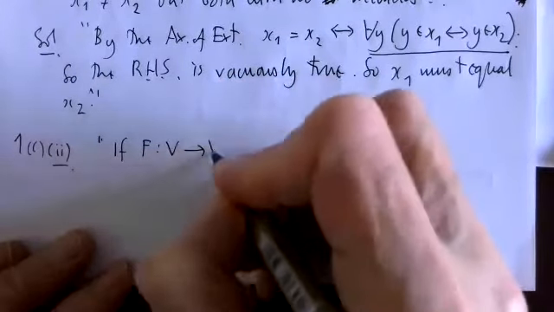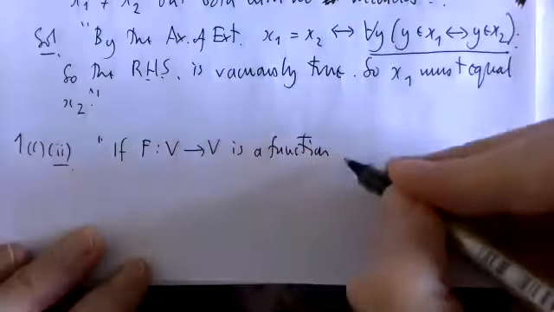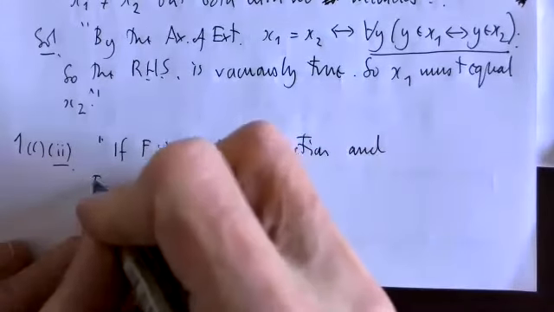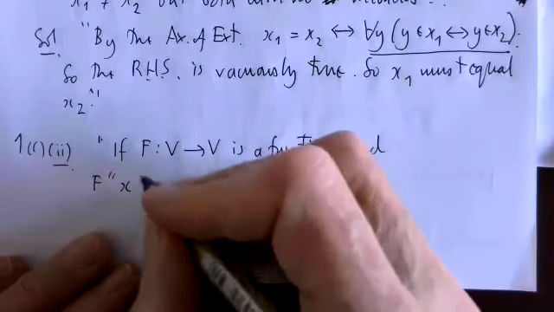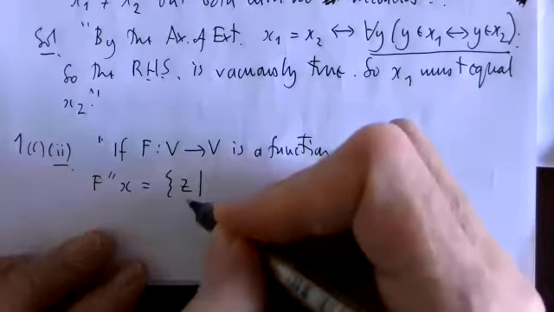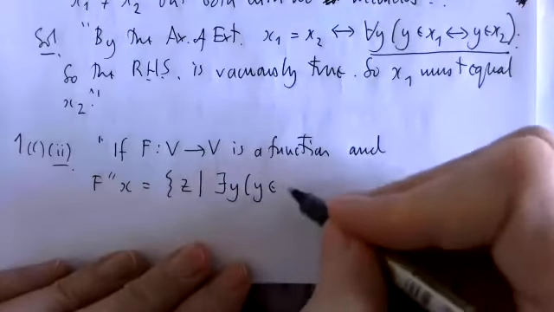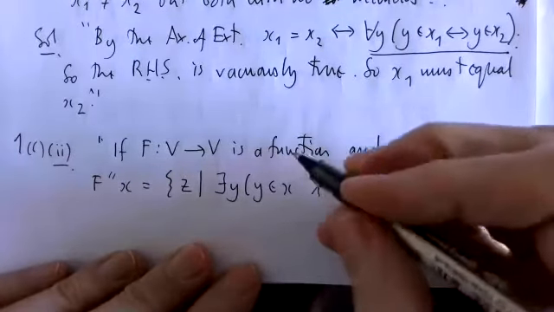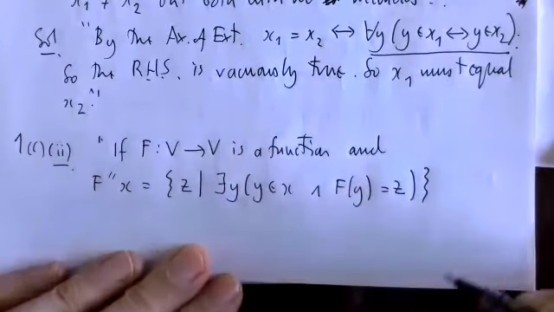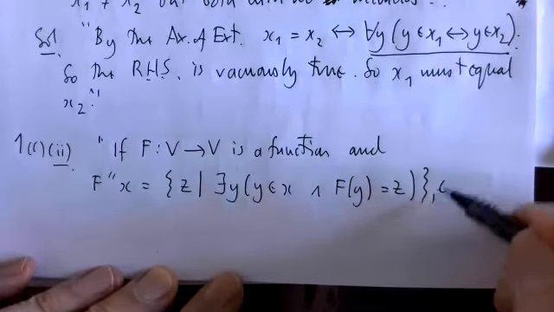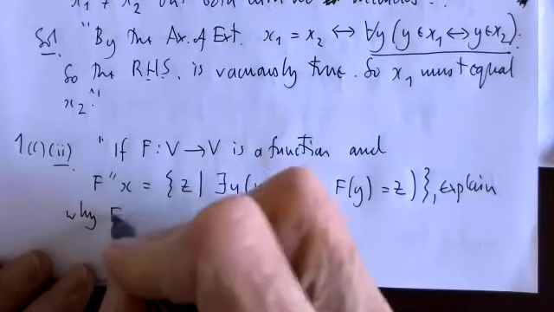If f is going from V to V as a function, and f on x is the collection of z's such that there is some y such that y is in x and f of y equals z, explain why f on x is a set.